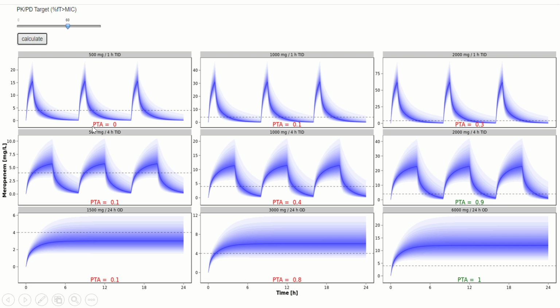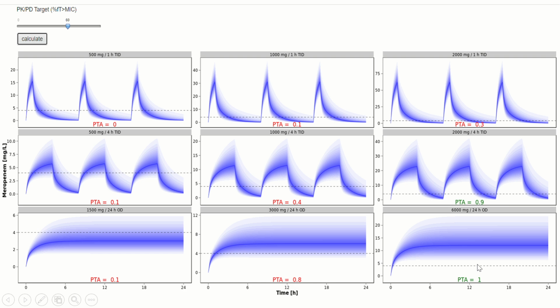But if I give 3000 milligrams over 24 hours, that means 1 gram TDS as a continuous infusion, my probability of target attainment would be as high as 0.8. At the same time, if I give 2 grams 3 times a day as a continuous infusion, then my probability of target attainment will be as high as 100%.